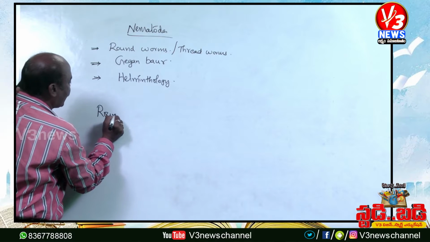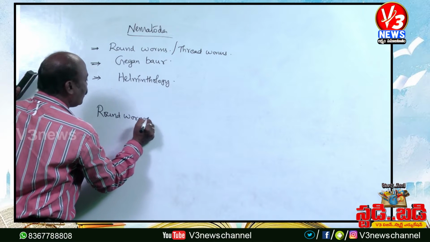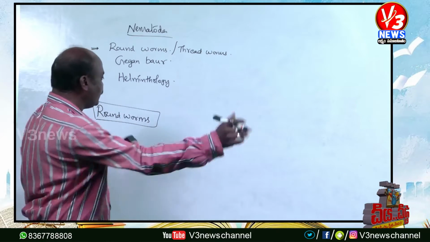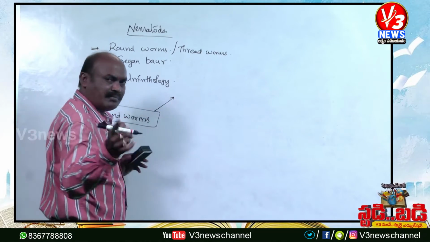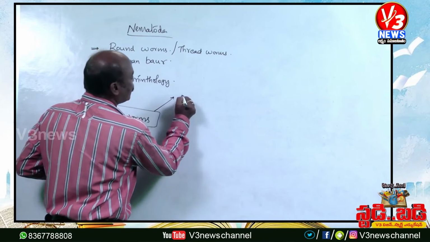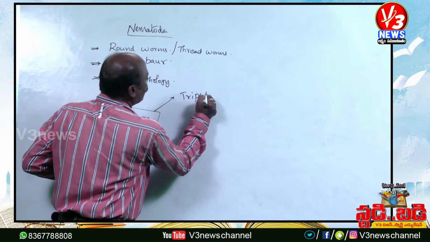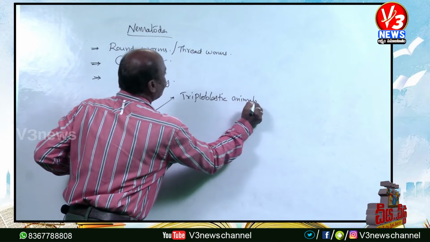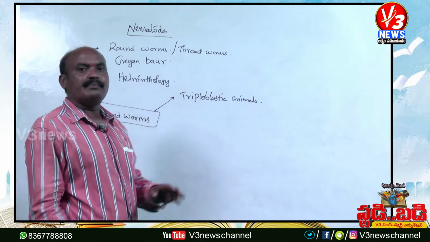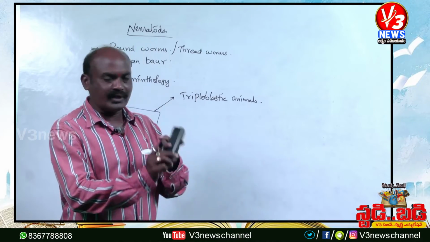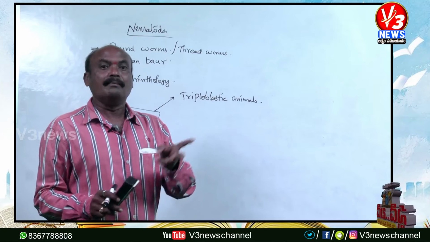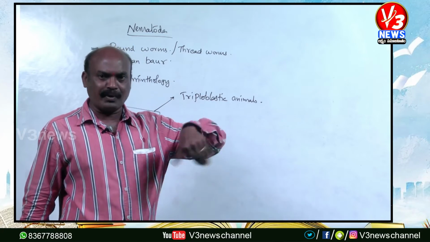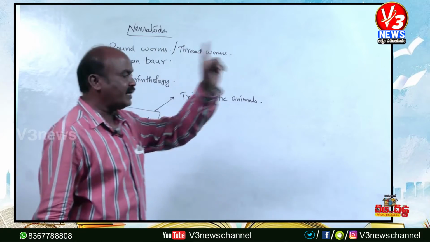Now the nematodes are commonly called roundworms. What are the important characteristic features of the roundworms? These are the same as flatworms. These are also triploblastic animals. Triploblastic means their body wall has 3 layers: outer ectoderm, inner endoderm, and between these two the mesoderm. We explained triploblastic animals elaborately in the phylum Platyhelminthes.